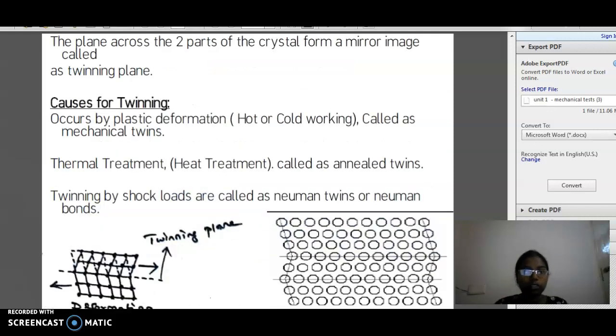The plane across which the two parts of the crystal form a mirror image is called the twinning plane. Twinning occurs by plastic deformation, hot or cold working, called mechanical twins; by thermal treatment or heat treatment, called annealed twins; or by shock loads, called Neumann twins or Neumann bands. The twinning plane is shown in the following figure.